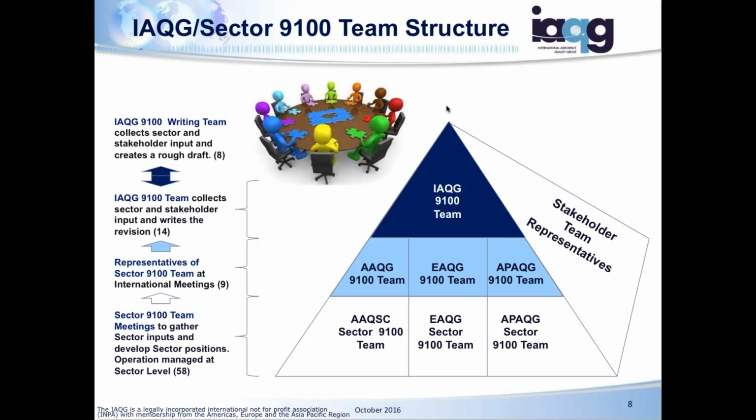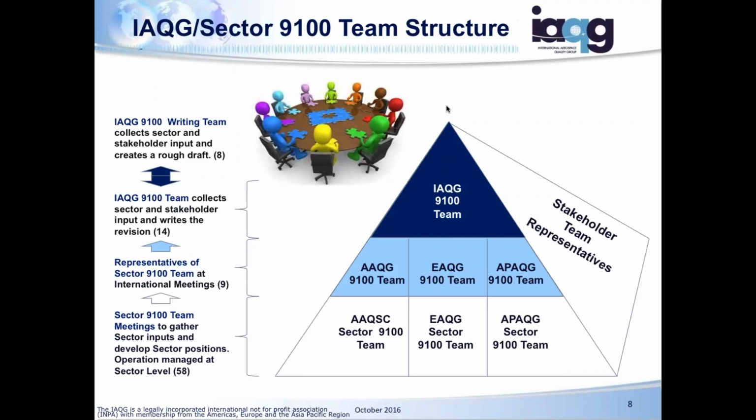Now the team I just showed you is the dark blue triangle up on the top. We also had sector teams that participated in this writing. My sector team meets at the AAQG, AAQSC meetings every 6 months. Those meetings are open, but I had a core group of about 20 to 25 people who participated in every single meeting.